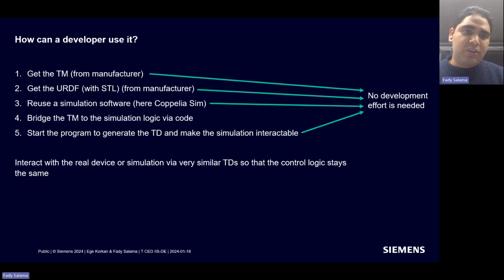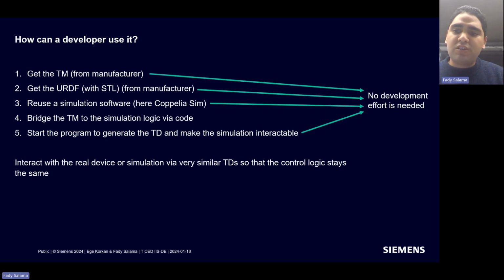And then you start a program that would generate the TD, the thing description that describes this instance of the robot in the simulation, and then the simulation is interactable. And the good thing with our approach is that all of these steps 1, 2, 3, and 5 can happen with no development effort at all.